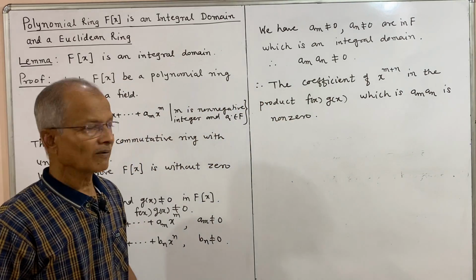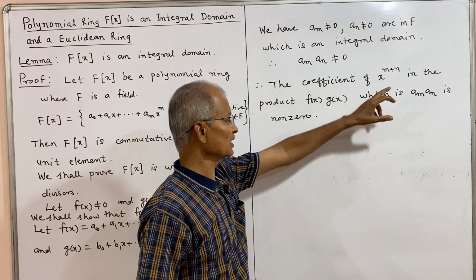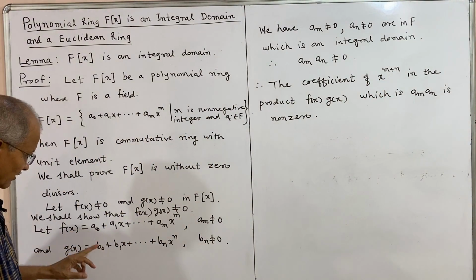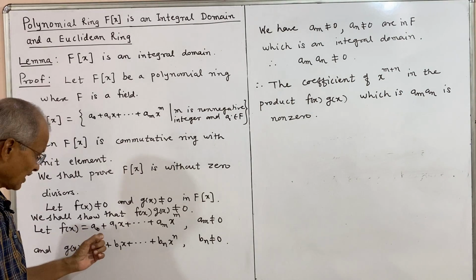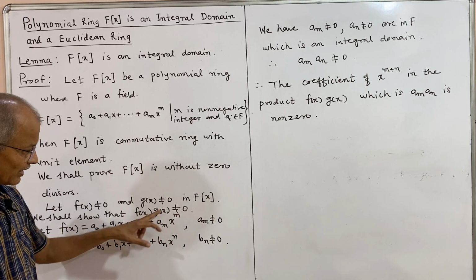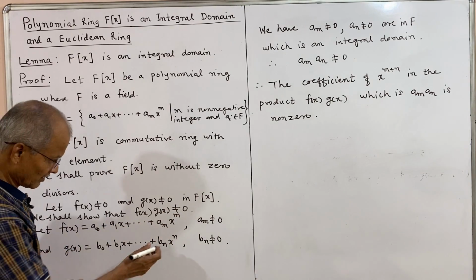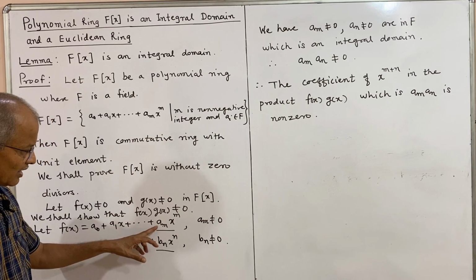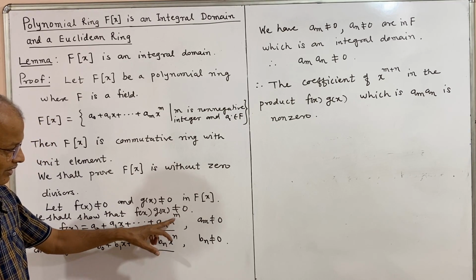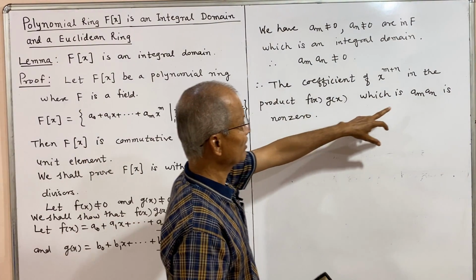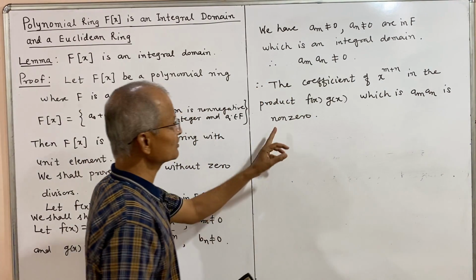The coefficient of x power m plus n: if you multiply these two, the product we have defined earlier will be a_0 b_0, etc., and the maximum power term in the product will be the product of these two terms, which is a_m b_n into x power m plus n, and its coefficient is a_m into b_n, and that is not 0.